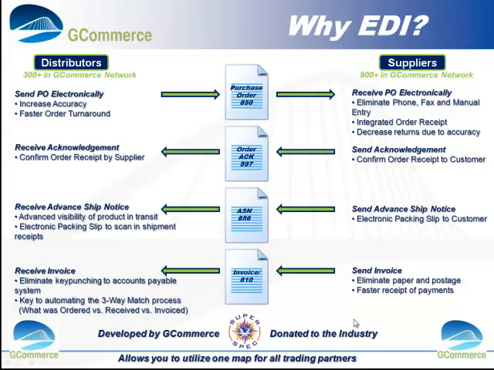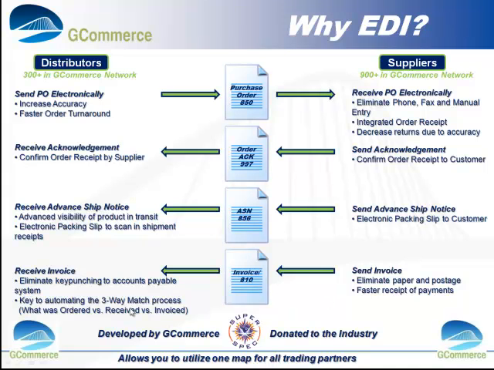It also helps eliminate the key punching of those shipments into the customer system to update their inventory. And the invoice is one of the key documents because from a supplier standpoint, it eliminates the paper and postage associated with paper invoices, and it provides them faster receipt of payments because it eliminates the manual reconciliation by the customer of matching what was ordered, what was received, and what's being billed.